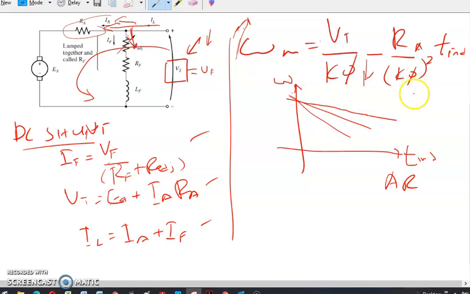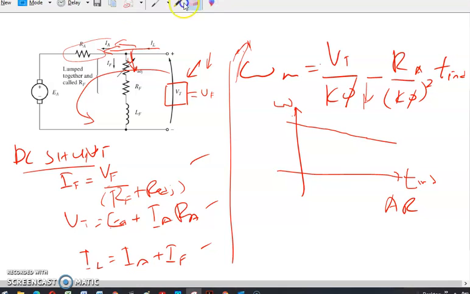Since flux is squared here, the speed will increase. So the speed will no longer be in a linear mode with induced torque, but sometimes tends to increase.